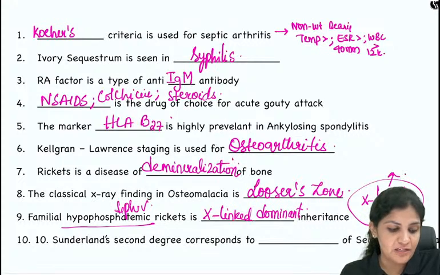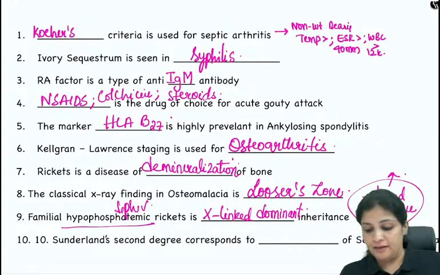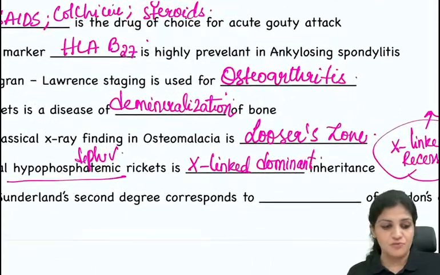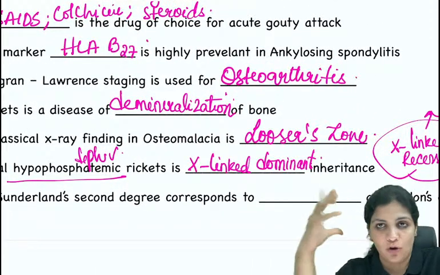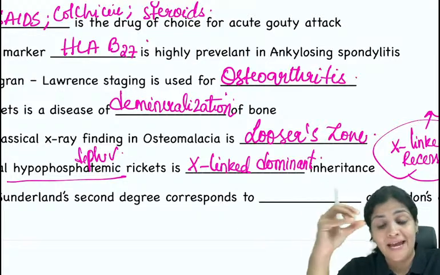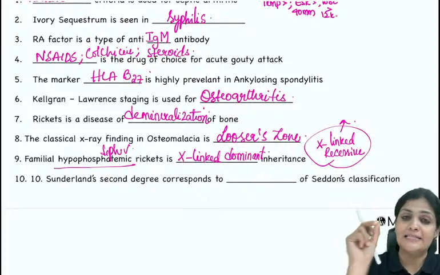Decrease in phosphorus. Okay, that is all fine. I'm asking, usually this hypophosphatemic rickets is X-linked dominant, but in a few cases it could be X-linked recessive also. If it is X-linked recessive, what is that disease name?